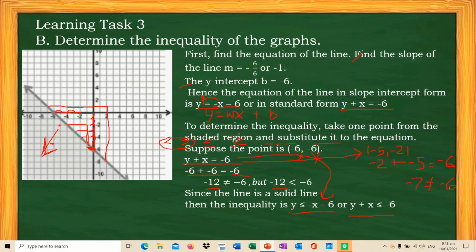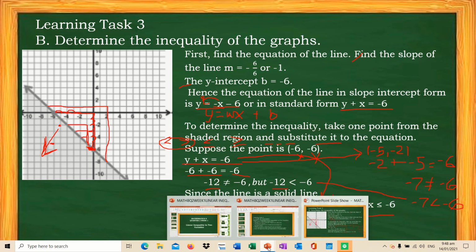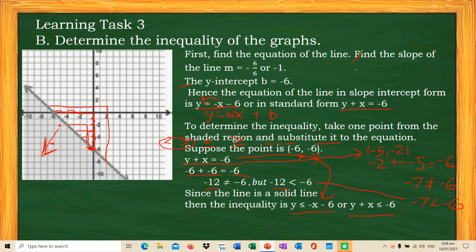But negative 7 is less than negative 6. So, as you can see, we have the same result here. Less than ang naging symbol. So, our inequality is y plus x is less than or equal to negative 6. So, that's all for learning task 3. So, yung learning task 4 ay hindi niya na sasagutan.